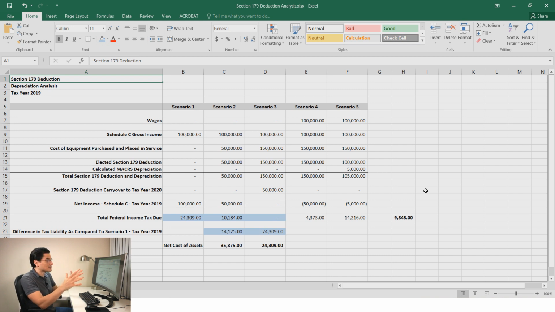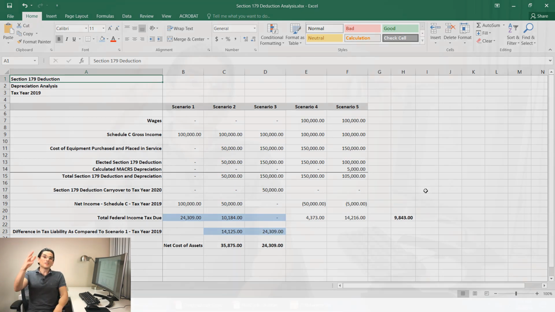I mean, people fight like cats and dogs over this stuff with regard to what Congress does and how much depreciation is available and whatnot, because this could mean millions or billions of dollars in tax savings if you can write off certain amounts of assets in a particular year. So this can get much more complex than what we're looking at right now, but the idea here was to really shed some light on what 179 is all about and different iterations and things to consider when you're actually putting it to use.